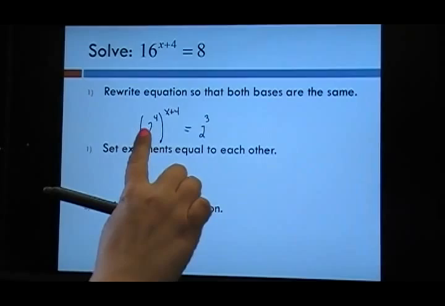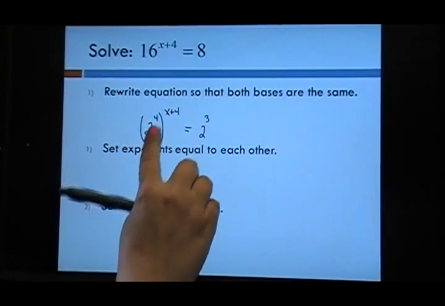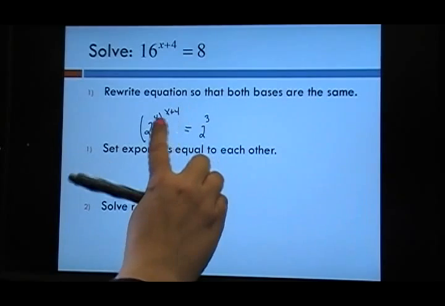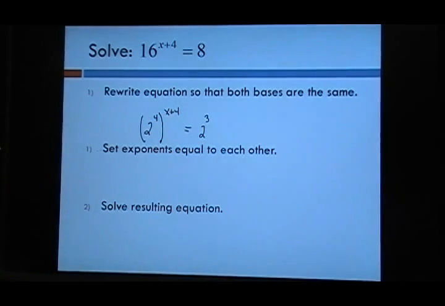And so we can simplify this again. If we have an exponential number raised to a power, we can multiply the powers to simplify. So this is the same thing as 2 to the, if we multiply 4 by the x plus 4, that would be 2 to the 4x plus 16 equals 2 to the 3rd.